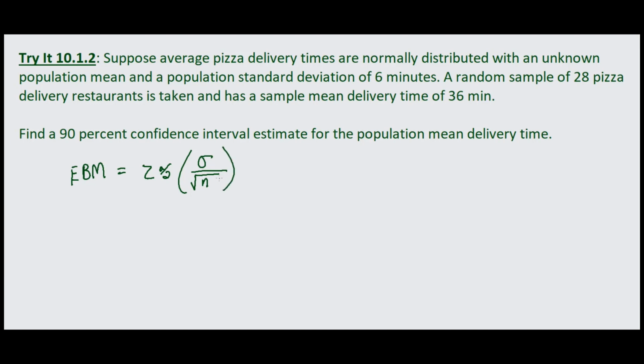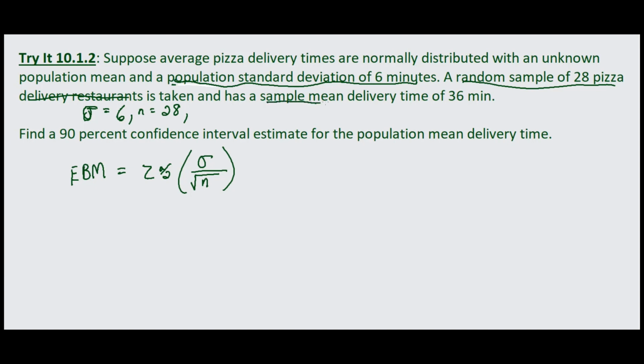So let's see what we're given in our problem. We're given a population standard deviation of 6 minutes. So we know sigma, the population standard deviation, equals 6. A random sample of 28 pizza delivery restaurants, so we know n equals 28.